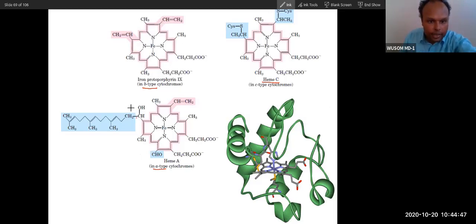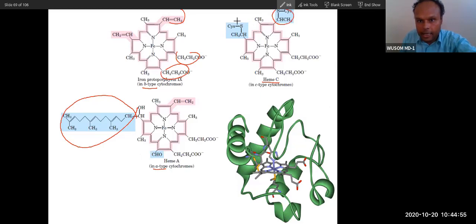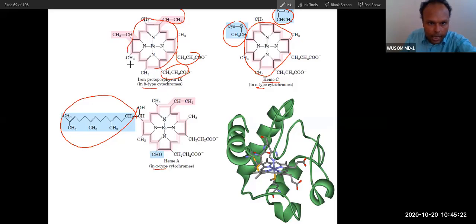You can see a different side chain is present in heme A, a different side chain in heme B, and a different side chain in heme C. Fortunately, you don't have to memorize; just understand why A3 is given that name, why cytochrome C is given that name: it has a different type of heme with different side chains. All have the same interior structure, but the side chain varies.